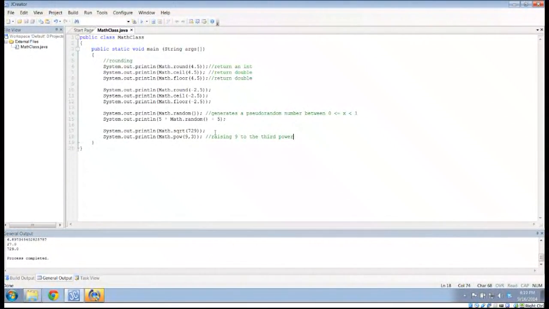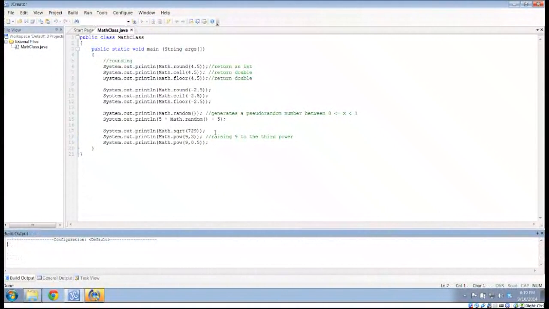So I've got math.sqrt to just take a real quick square root. I've also got math.pow. And if I want to, I can manipulate this a bit. I can do math.pow and raise 9 to the 1/2 power.